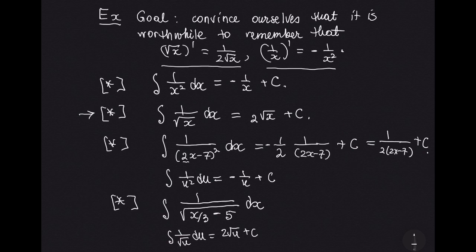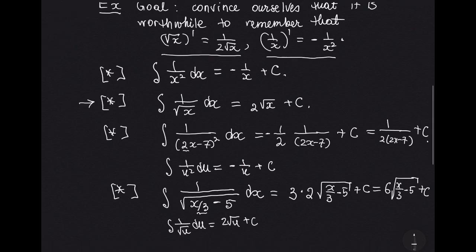However, we have a linear expression here, and the coefficient near x is 1/3. So the reciprocal of 1/3 is 3, and then we have times 2 square root of (x over 3 minus 5) plus a constant. And of course we can simplify this by writing that this is 6 square root of (x over 3 minus 5) plus a constant.